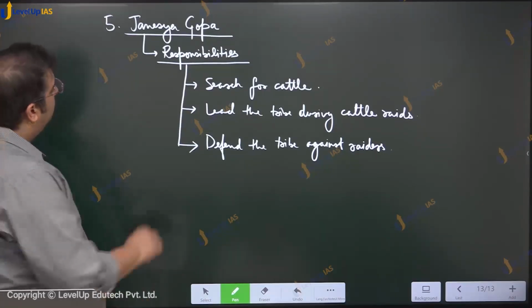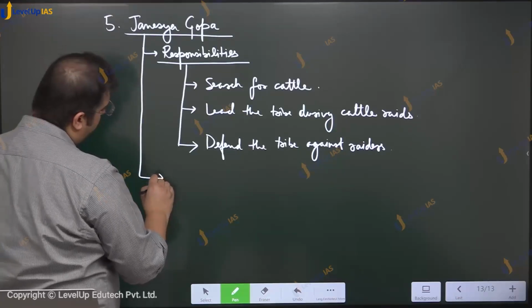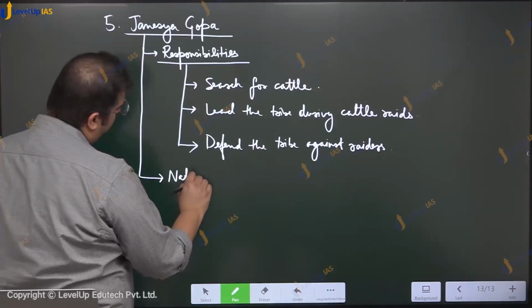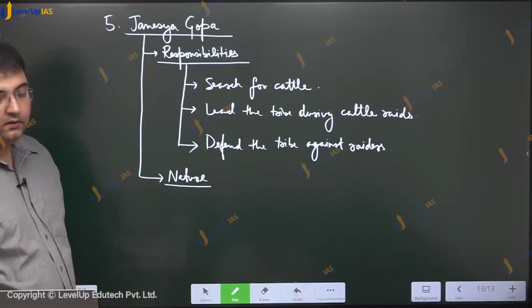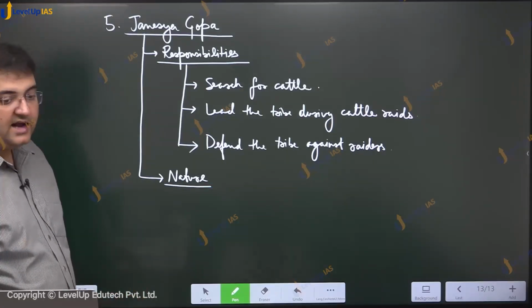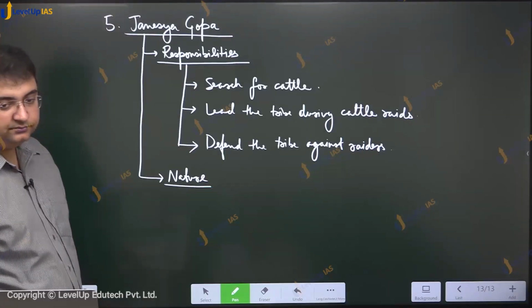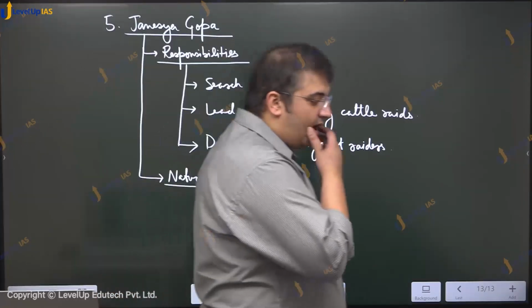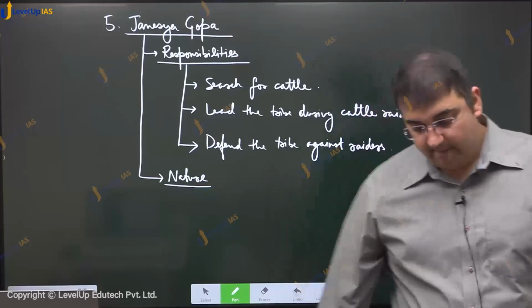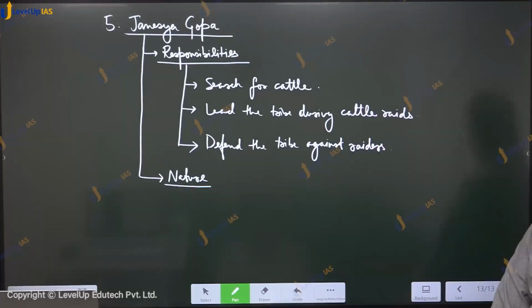ठीक है? Was the Janesh Gopa an elected official or was he a hereditary monarch? देखो, at this point of time, पॉलिटिकल ऑर्गेनाइजेशन का जो बेसिस है वो काफी सिंपल है, राइट? सिमिलरली इकोनॉमिक डिफरेंशिएशन बिटवीन द डिफरेंट पीपल दैट इज नॉट वेरी हाई. तो डिस्ट्रीब्यूशन ऑफ वेल्थ is quite well distributed.